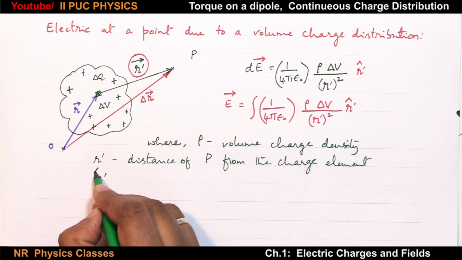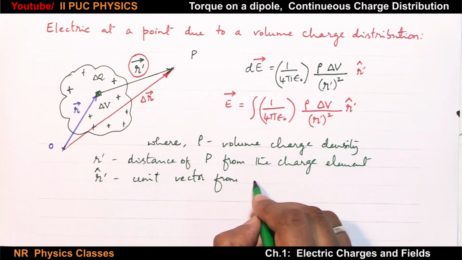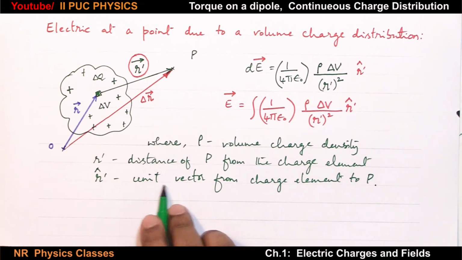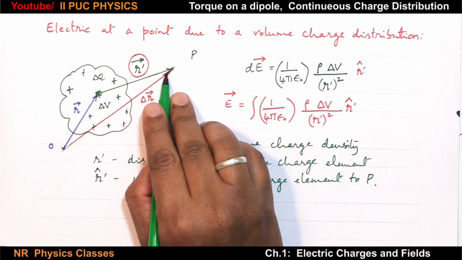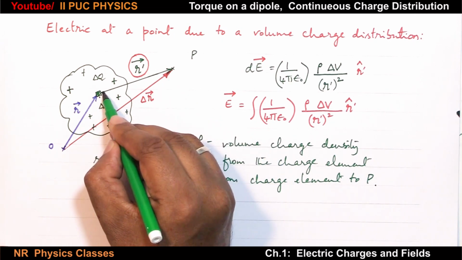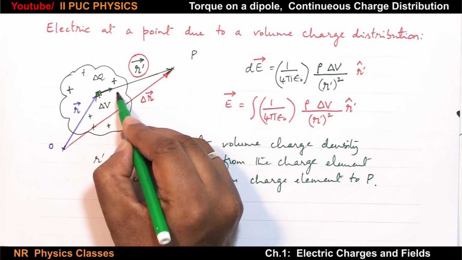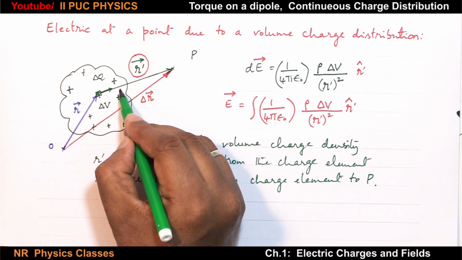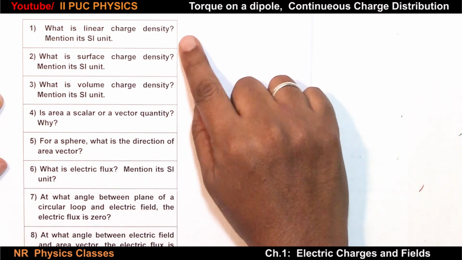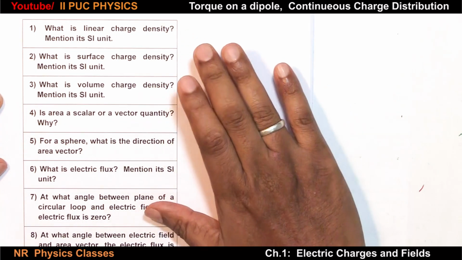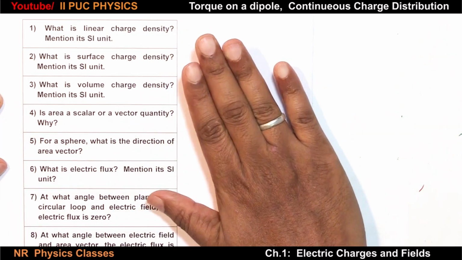What is R dash cap? The unit vector from the charge element to P. So we can write this as the unit vector R dash cap. These topics, at least you should know the answers to all these questions. These are the most probable questions from these topics.